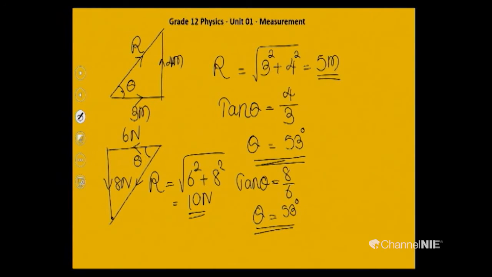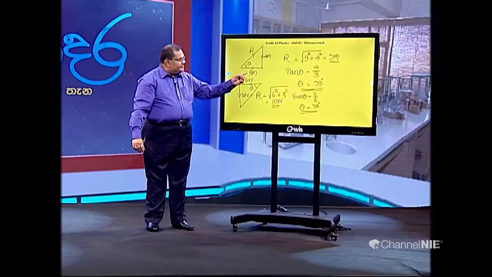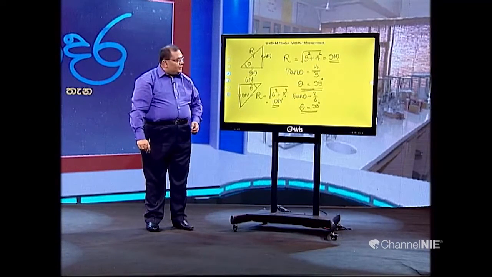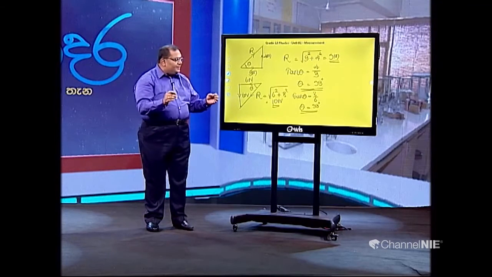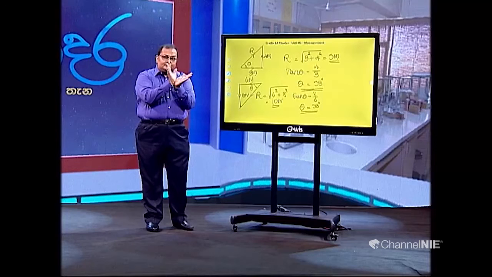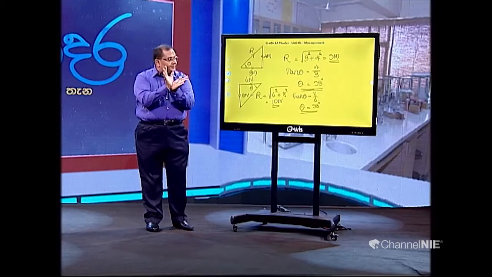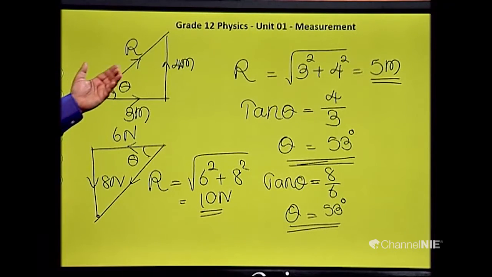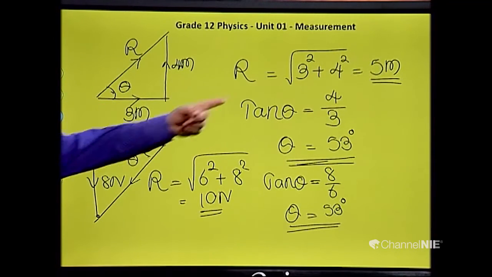And sometimes these two vectors are not given like this. Vectors are given in the AL paper sometimes starting from the same point. For example, I can draw this same vector 3 and 4 again here.